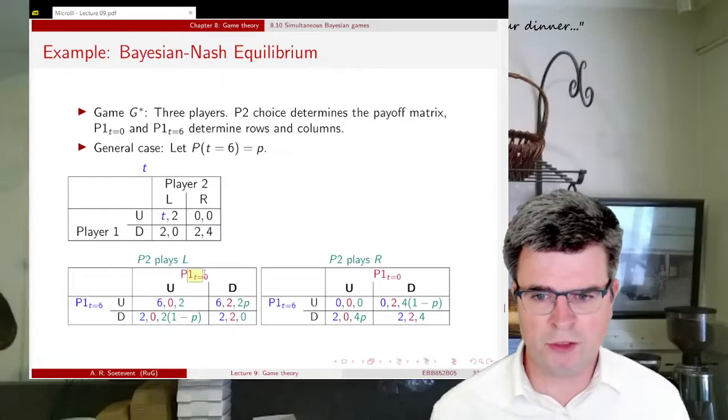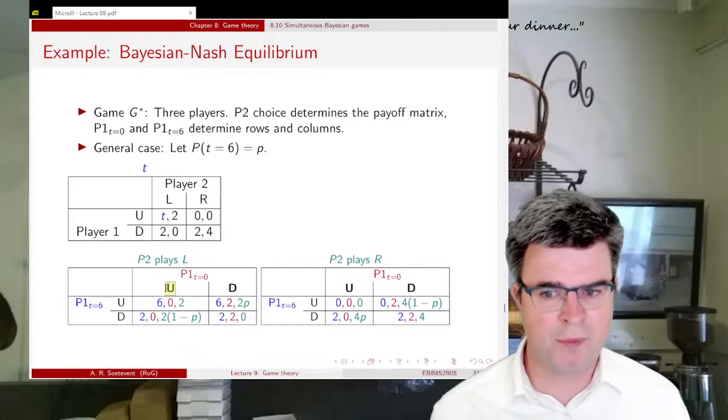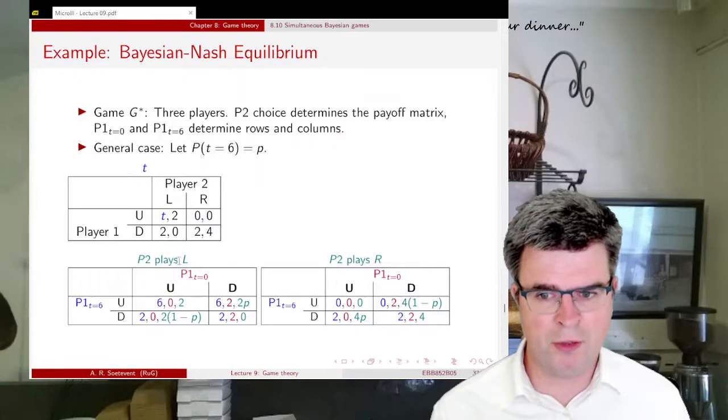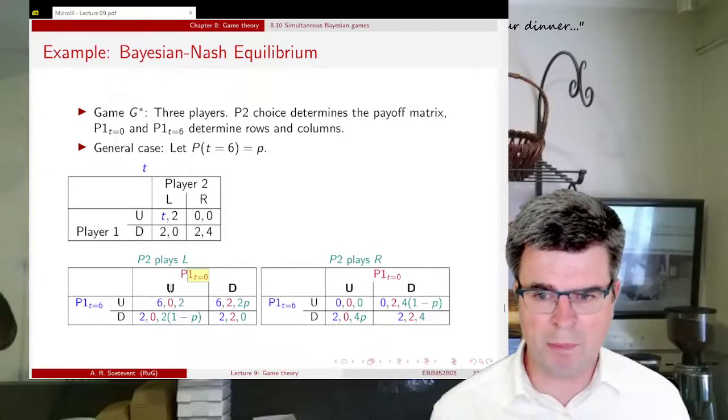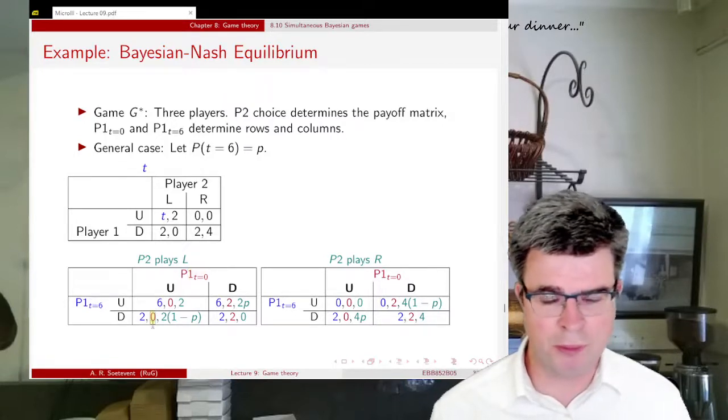If player 1 is of type T is 0, he plays up and player 2 plays L, then the payoff to that player will be equal to 0. And if he's of type 0 and he plays down, so player 1 is of type 0, but that doesn't really matter, then his payoff is also equal to 0.